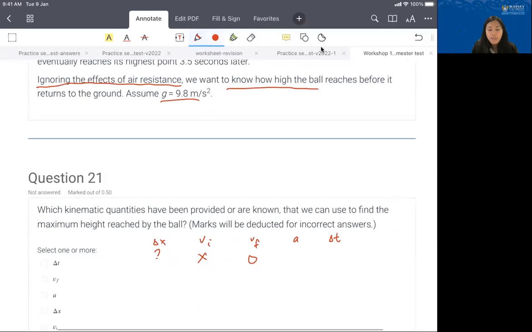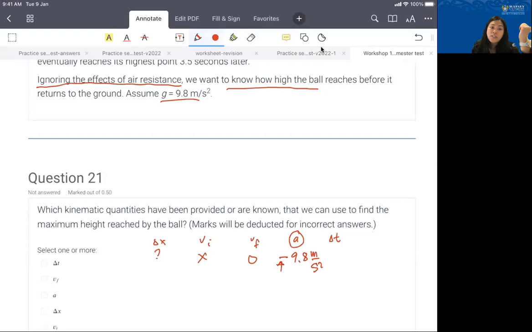And then the acceleration is the gravitational acceleration, negative 9.8 meters per second squared. We've given you g is 9.8 meters per second squared, and that's the number we want you to use. But acceleration is a vector quantity, so you should include the negative sign.